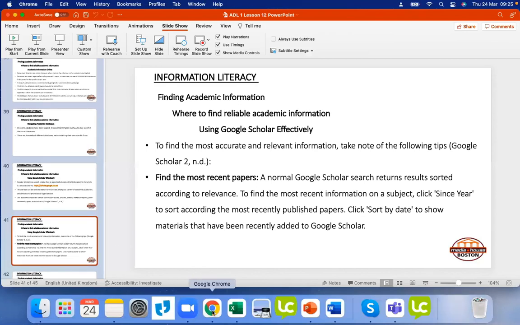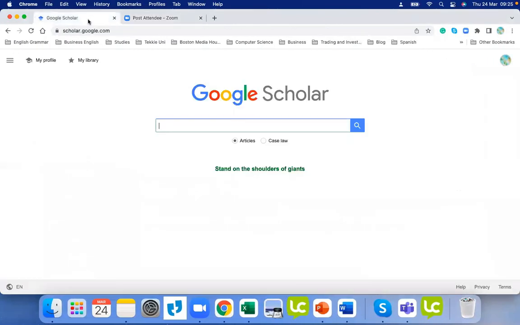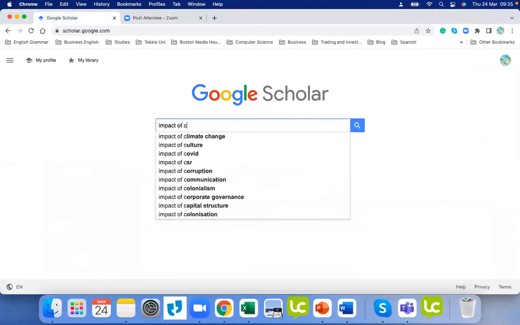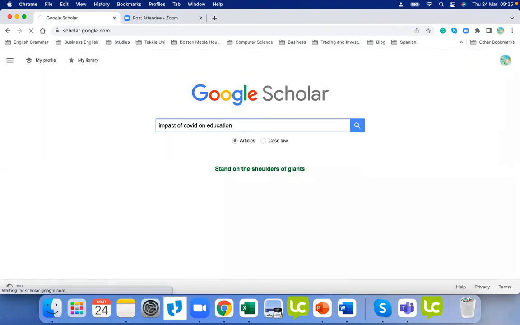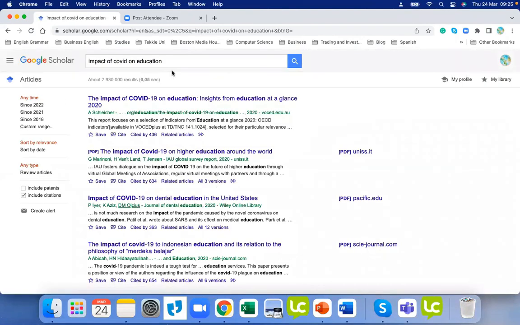So here it is, Google Scholar. Let's just say impact of COVID on education. And here we can find lots of information, and here we can search through the time that it was published. We can even do a custom range.